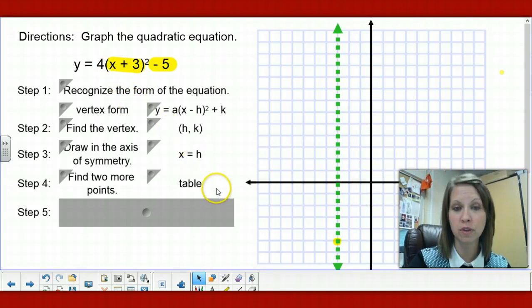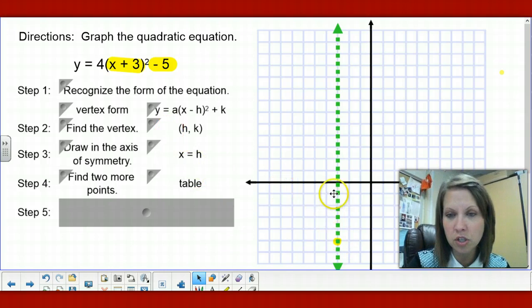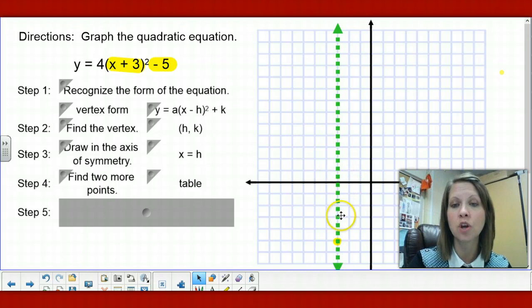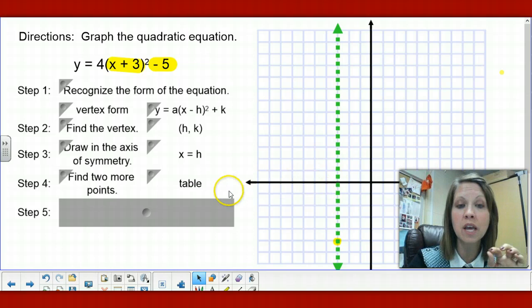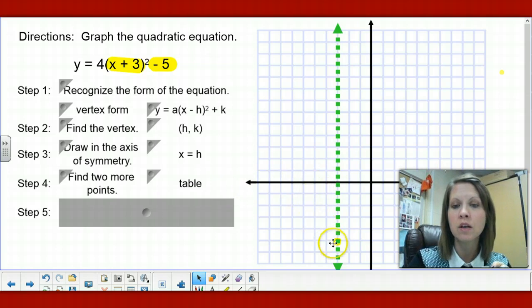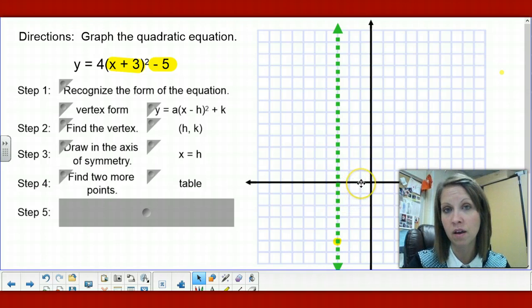Something else you can do, thinking about the table, is just start stepping out from the axis of symmetry. If the axis of symmetry is at x equals -3, then in this little table, substitute x equals -2 and see what y you have that goes with that. Substitute -1 and see what y.